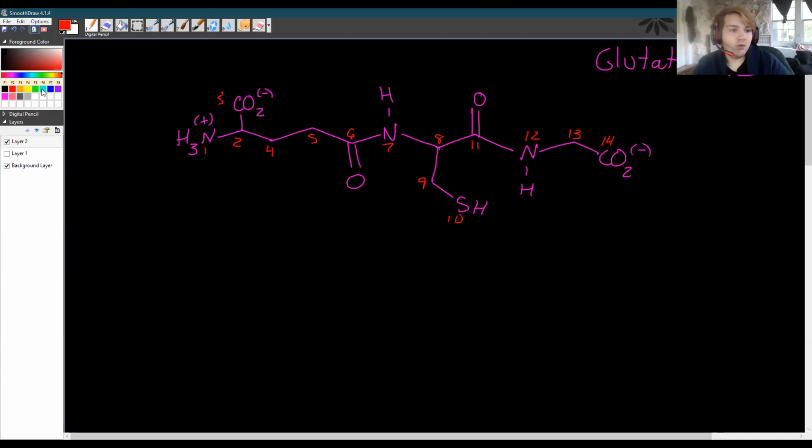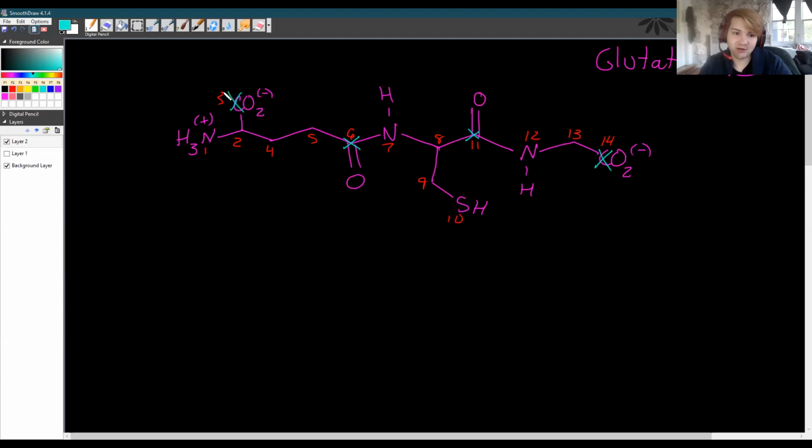And so what we can go through is, first thing to know is that we should cross off places where we definitely know chirality should not show up, right? So we know it's not going to be on carbon 6 because carbon 6 is not sp3 hybridized, nor on carbon 11 because carbon 11 is sp2 hybridized. Carbon 14 is sp2 hybridized.